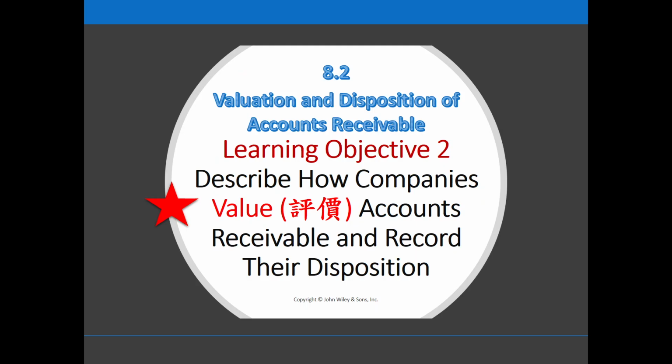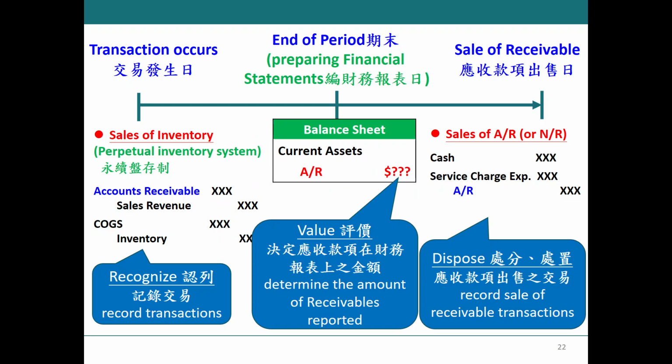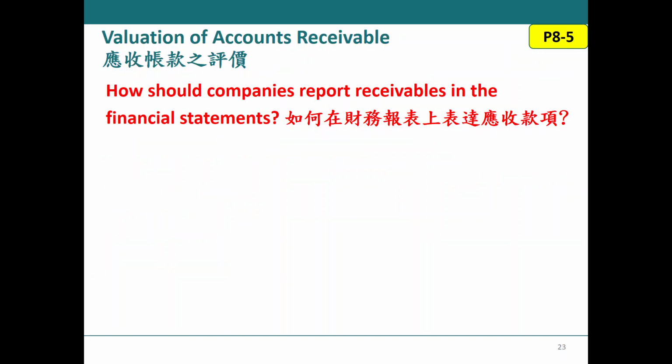Okay? So let's talk about our second issue, also the most important issue in this chapter: how much money, what's the number we should put on our financial statement. Okay? So it's value, 评价. On your slide, page 23, remember, receivables.